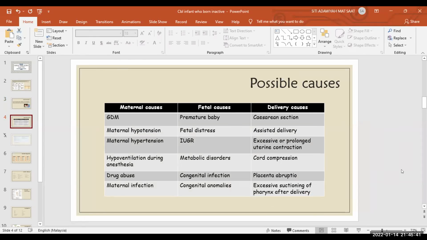Possible causes for an infant who is born inactive can be maternal causes, fetal causes, and complications during the delivery. For maternal causes, a mother with GDM or maternal hypertension or hypotension can affect the condition of the baby during birth, and mothers who use anesthesia or heavy sedation during delivery can also lead to inactivity of the infant.